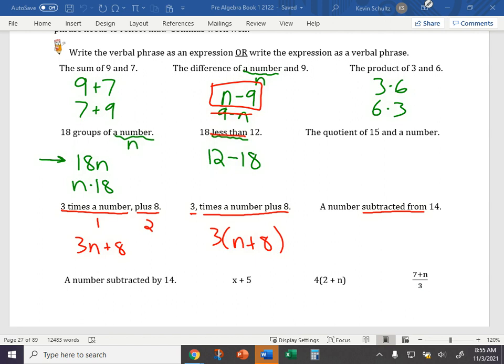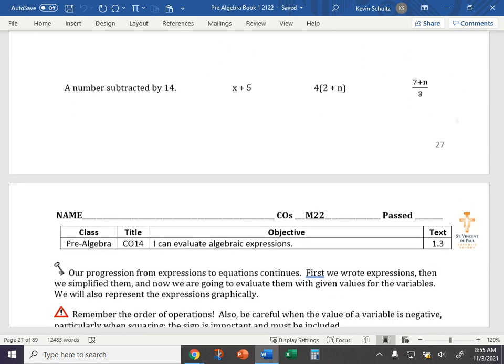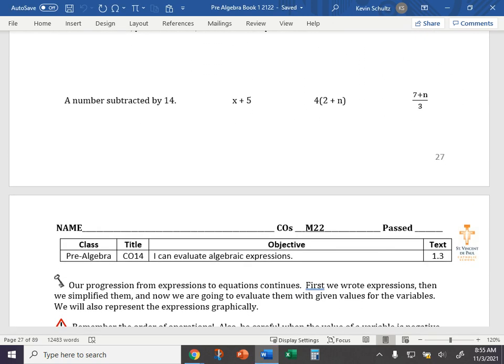Your job is to do the ones that we didn't do here. And then the 3 on the bottom here has you write the verbal phrase. So for x plus 5, you could write x plus 5, the total of x and 5, x more than 5, 5 more than x, the sum of x and 5. All those different words that we used in the chart above can be used here.